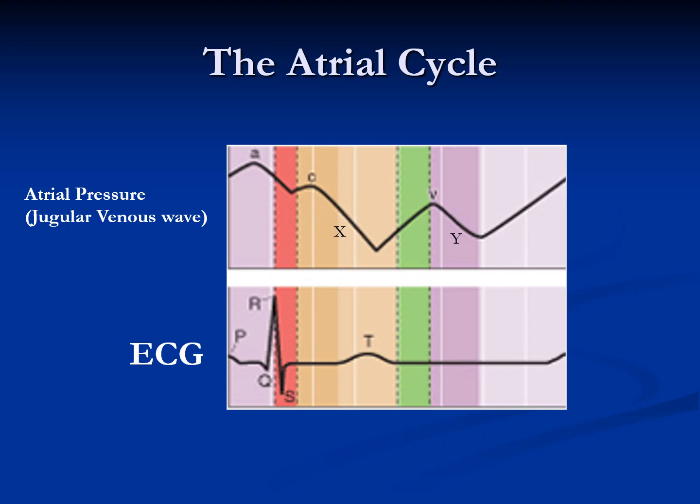And now, when the atrium is fully relaxed, and this is now the end of ventricular systole, the start of ventricular diastole, blood now starts coming into the atrium passively. If we're talking about the left atrium, blood is flowing into it from the pulmonary veins. And on the right side, blood is flowing into the right atrium from the vena cava, superior and inferior.